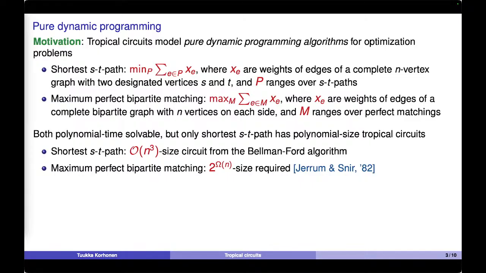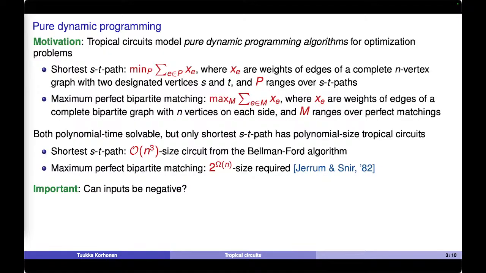But actually, there's one important definition I have not given. Can the inputs be negative? If we want the circuit to work properly for inputs that can be both negative and positive numbers, then for this definition of shortest s-t path we don't have a good tropical circuit, because it's like the maximum length path, like Hamiltonian s-t path.